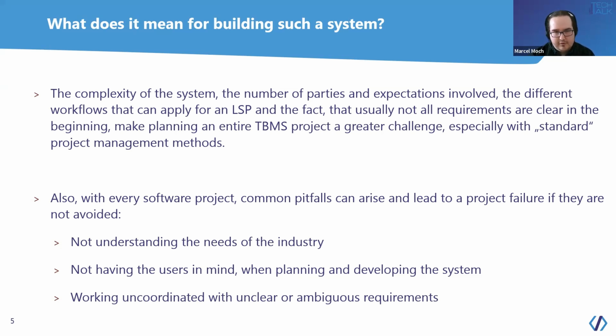So it's very important to avoid such common pitfalls, like having an uncoordinated or unclear goal with the project, having ambiguous requirements, or not even knowing the industry very well. You could have so much knowledge in software development, but if you don't know what the industry actually needs, or what the goal for the customer with the product is, you will probably create software that no one's going to use.